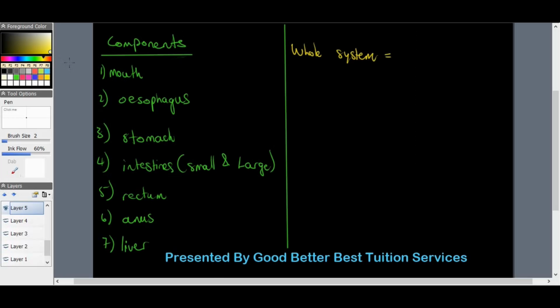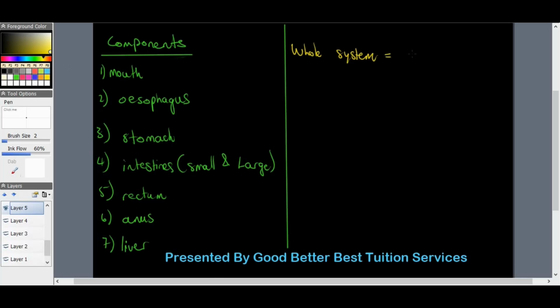So this whole system that we have, the digestive system, of course, almost every living organism has some type of digestive system. Fish, birds, mammals, and us as humans have a digestive system. But I wonder how long the digestive system in humans is.